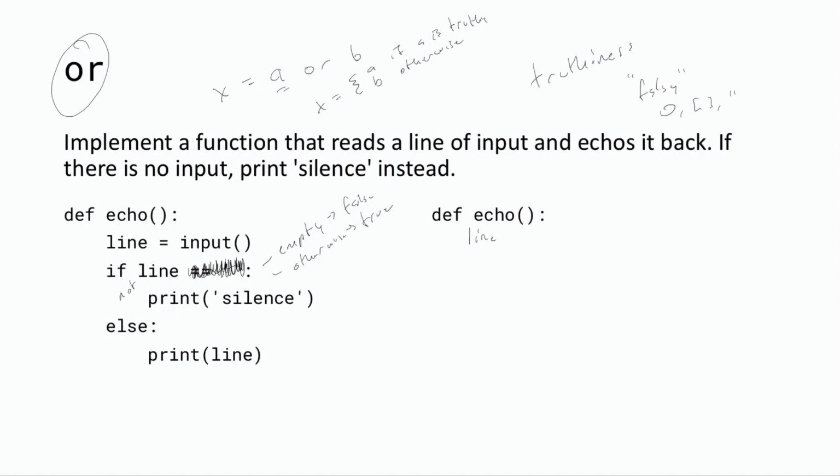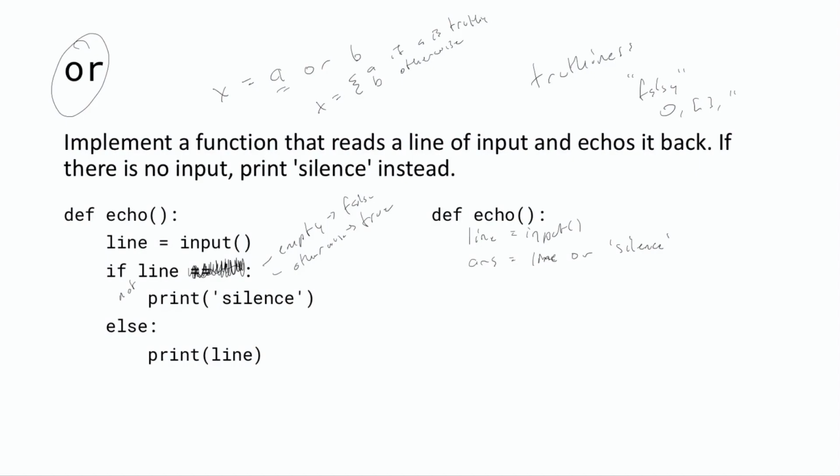So again, let's get the user's input. So line is equal to input. And then we can do something like the answer is equal to, and it would be line, sorry, not if. It would be line or the string silence, like that.